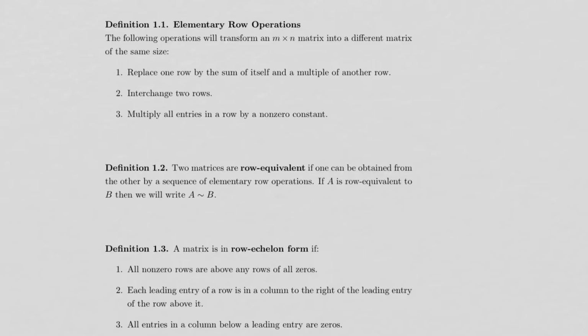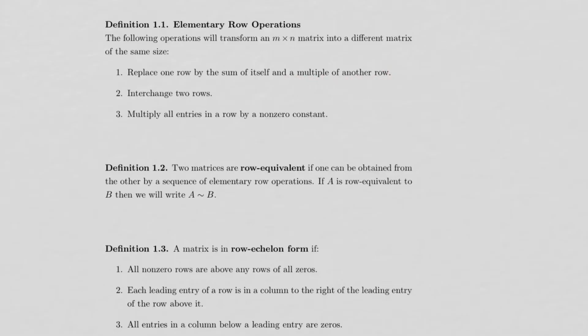This one, number 1, is the one we do most often. And notice what it says: replace one row by the sum of itself and a multiple of another row. So you multiply one row by a number, and you don't multiply the other row. One row gets replaced by the sum of itself, not itself multiplied by anything, and a multiple of the other row.